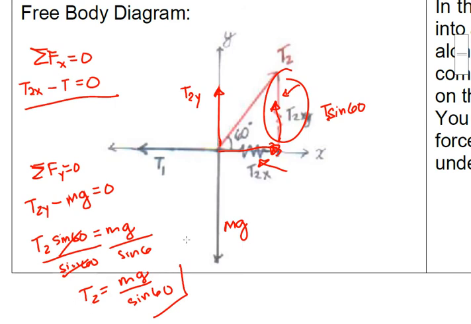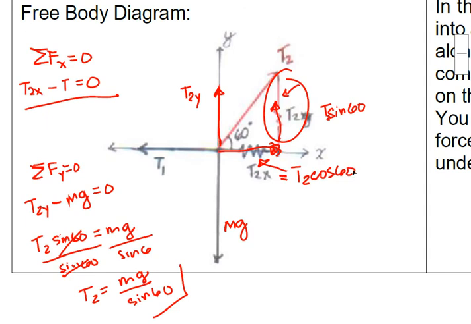If we already have our T2, I can use the resulting value of T2 and plug it into T2x, because I know that T2x is equal to T2 cosine 60.